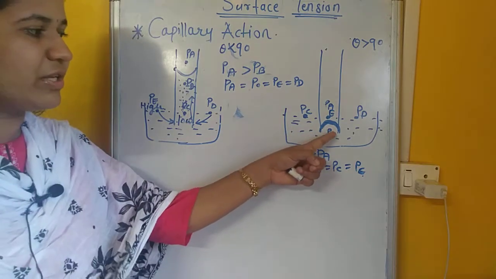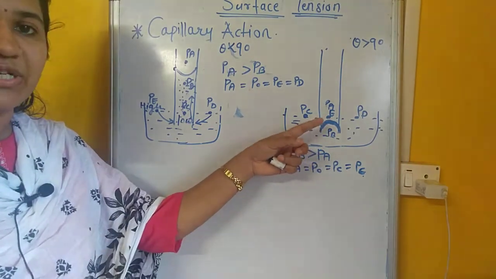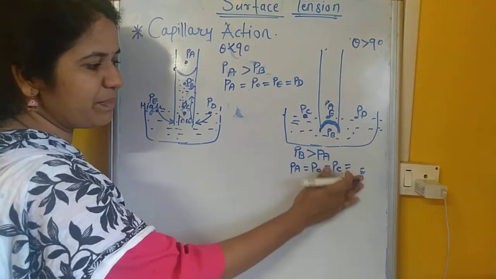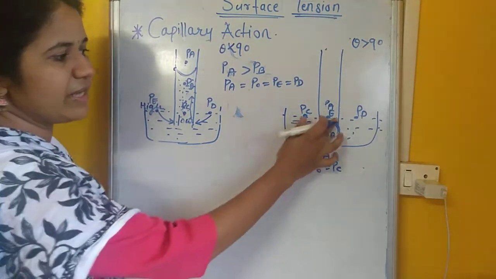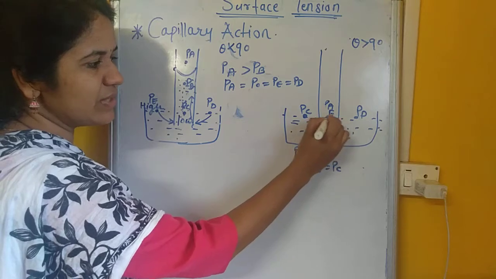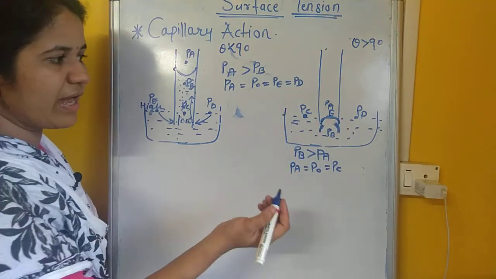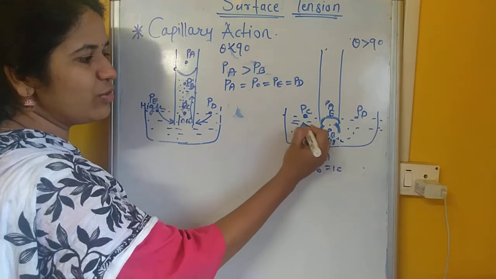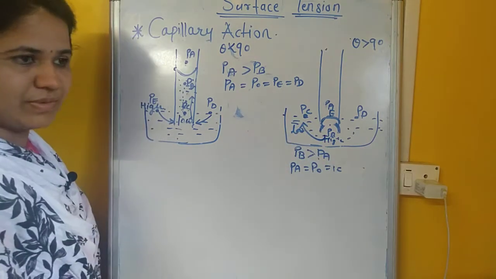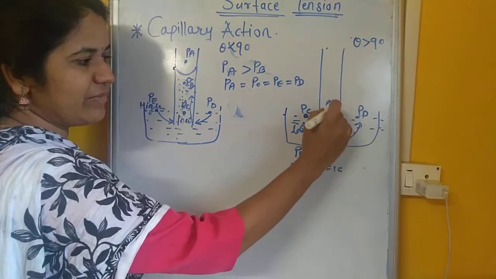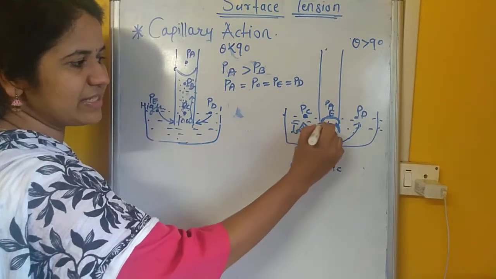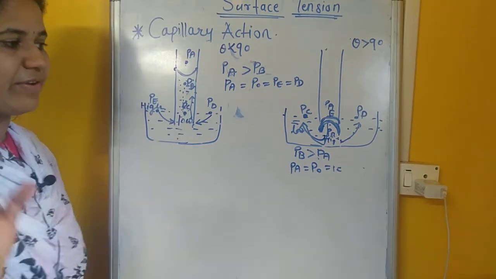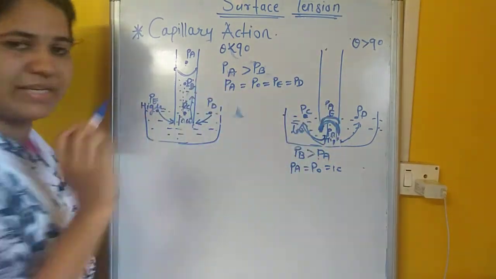But due to the concave side, the pressure is high compared to PE. Initially the meniscus is like this. This pressure is high, and you know that high pressure travels to low pressure, so the liquid level decreases and gets pushed down. Understood? Pressure travels from high to low and the level decreases.